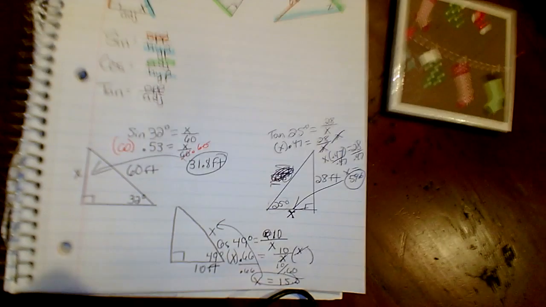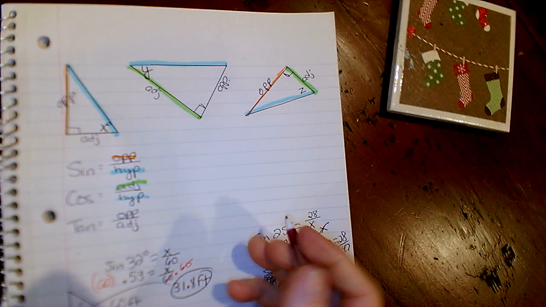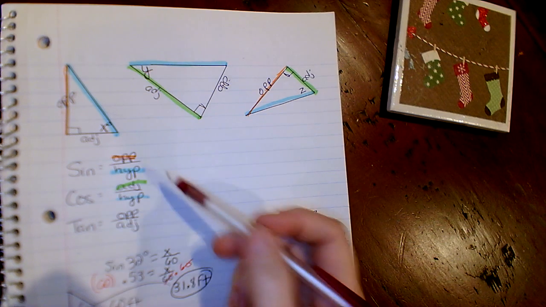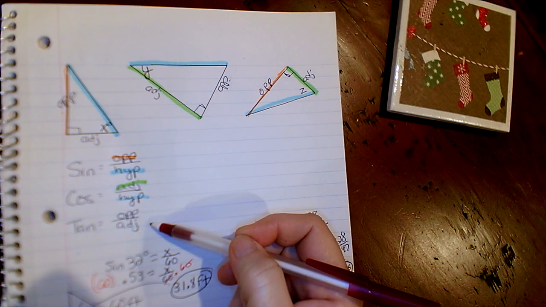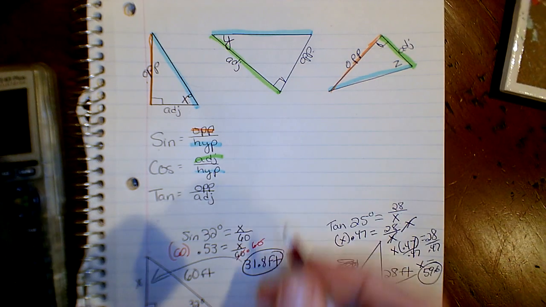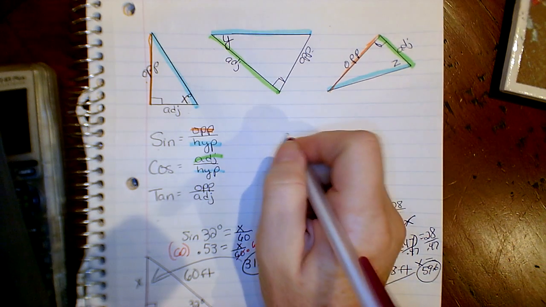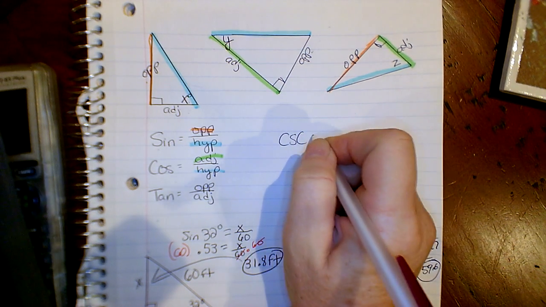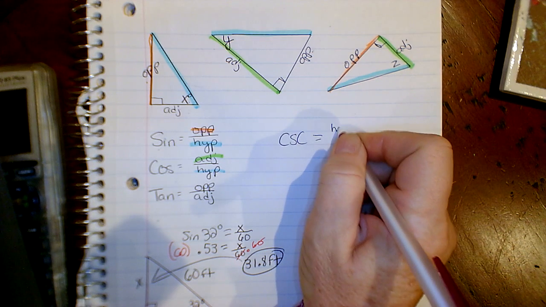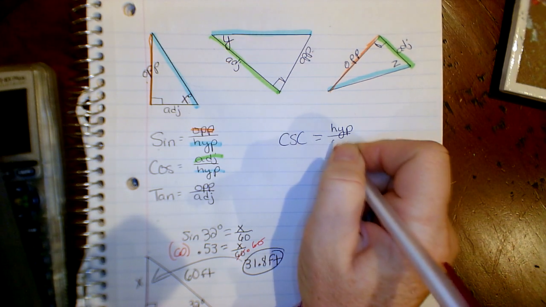In this module they also introduced 3 of these other ones. I never use them because they're based off of this. I'm used to learning these. But they do want you to know that cosecant is hypotenuse over opposite.